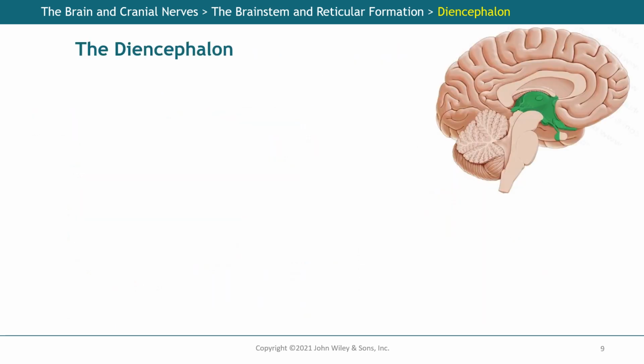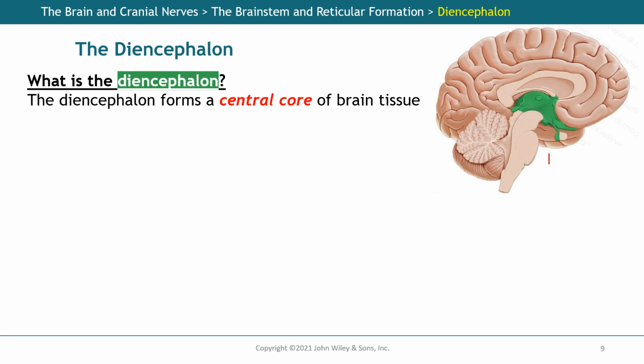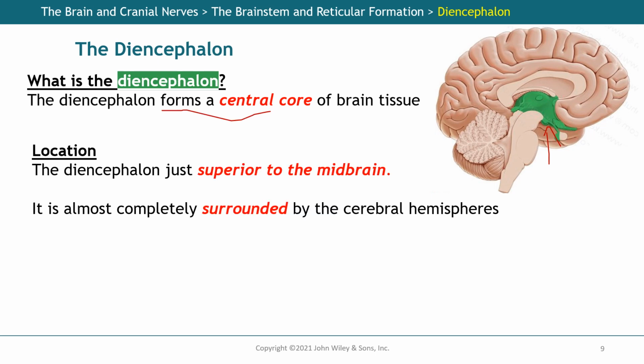I already told you that this region in green is the diencephalon, and that it forms the central core of the brain tissue. If you analyze the location, here is the midbrain. So the diencephalon is just superior to the midbrain, and most of the diencephalon is covered by the cerebral hemispheres.